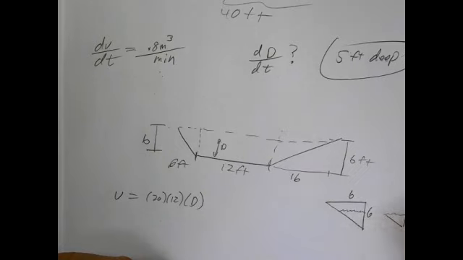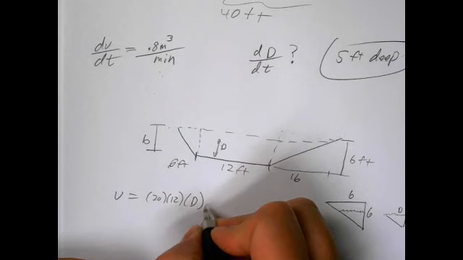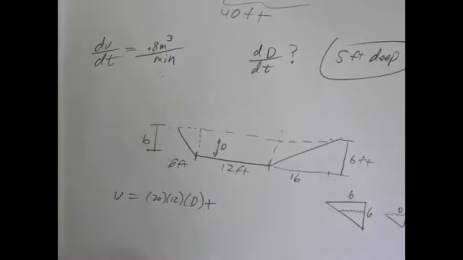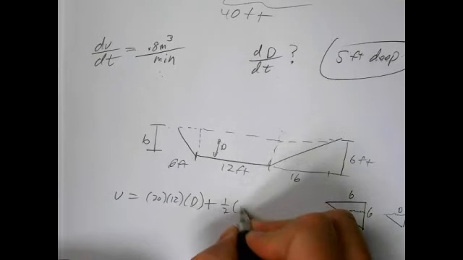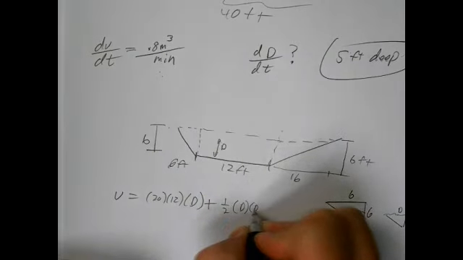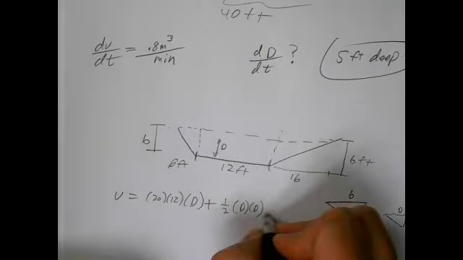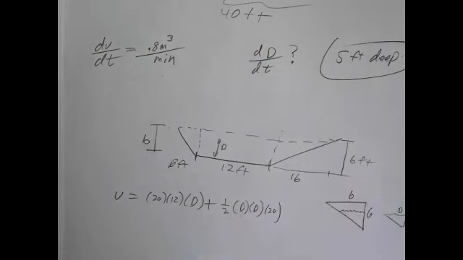The depth D, the width here would be D. It's a 1-to-1 proportionality. So for the area, the area for a triangle is 1/2 the base times the height, times, we have to multiply it by the 20 to get the 3-dimensional.